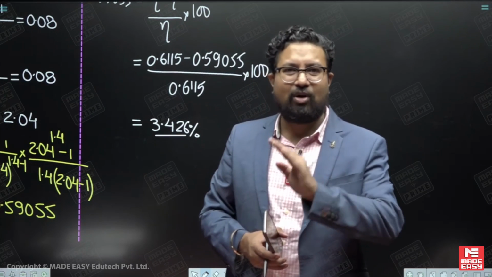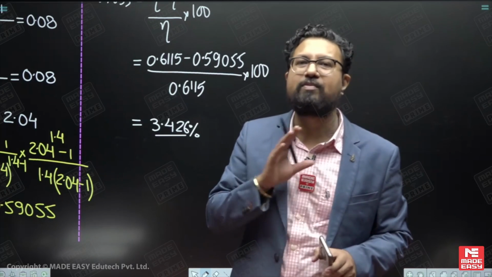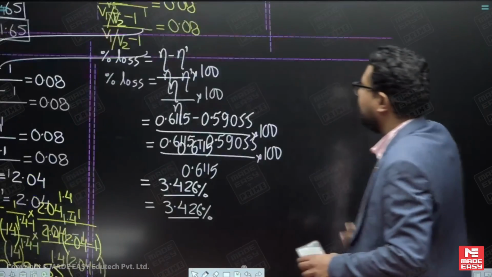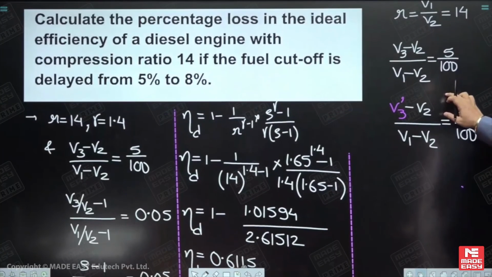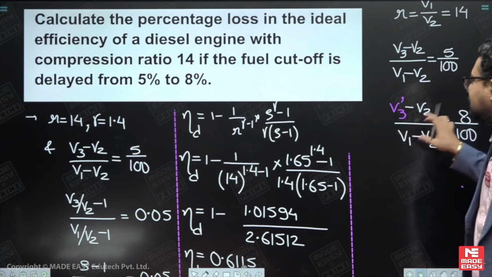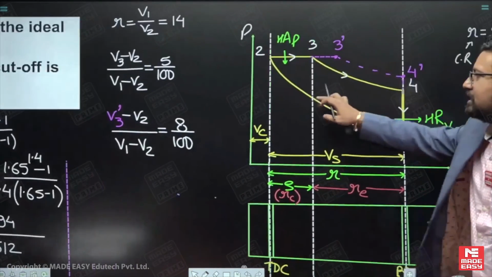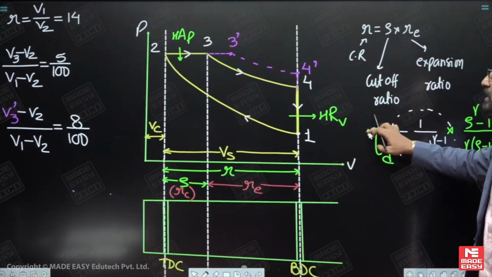Now, I have already discussed the entire problem. I will show you one by one the parts of the problem which we have discussed, so that if you want you can note it down. This is the problem which we discussed. Then this was the given data.